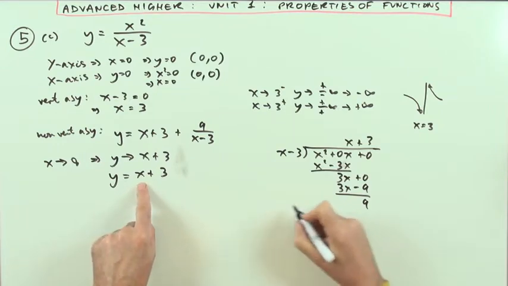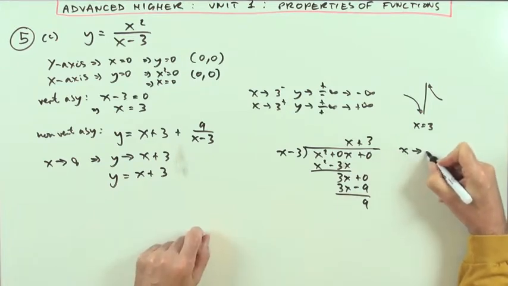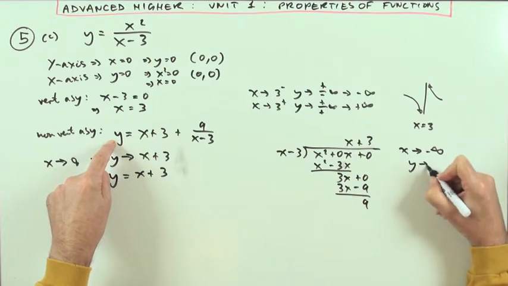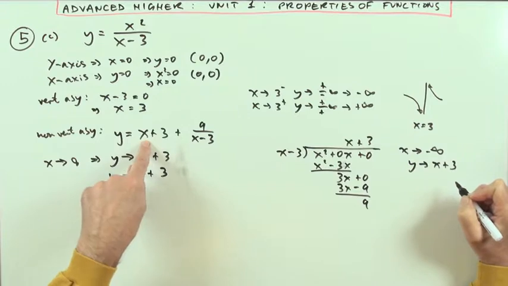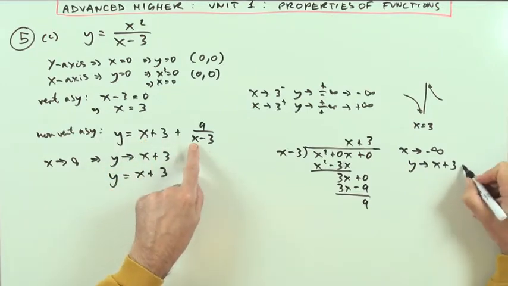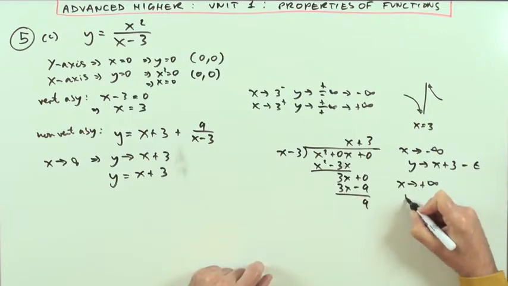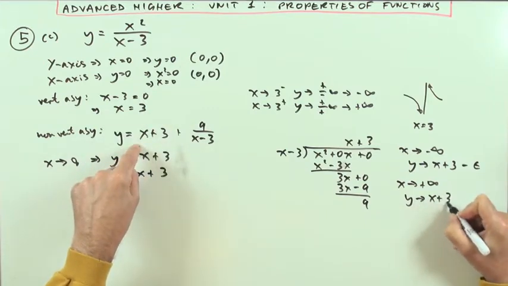How does it approach it? I'll do that over here. So as x goes to negative infinity, what happens to this expression? Well, y would go to x plus 3, and that's the bit I want to see how it approaches. This part here would be negative, so it'll be minus an amount. As x approaches positive infinity, how does it approach this x plus 3?